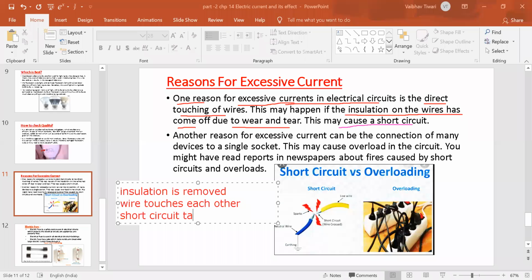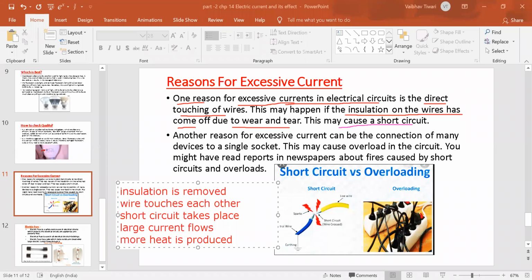This touching of wires is known as a short circuit. Because of it, a large current flows, and when a large current flows, more heat is produced, and because of it the wire or the whole house catches fire. Understood? So this is how a short circuit can cause a fire.